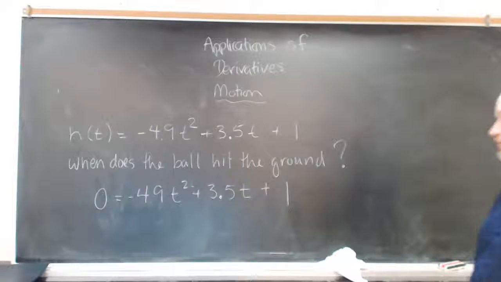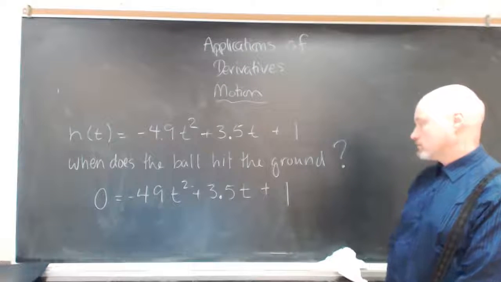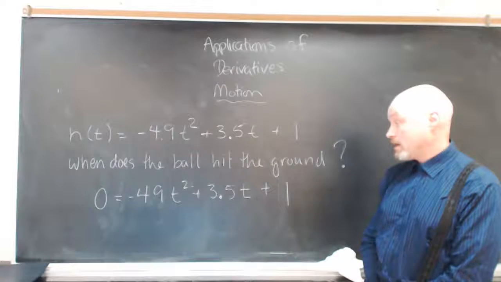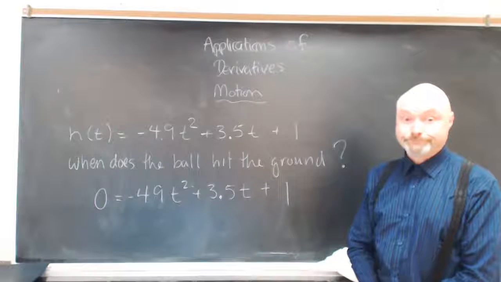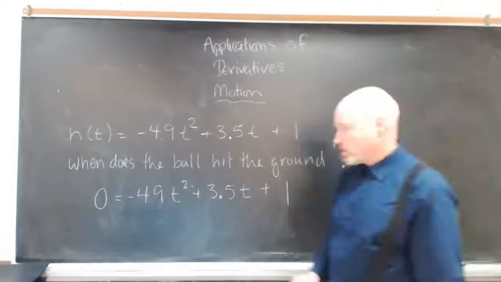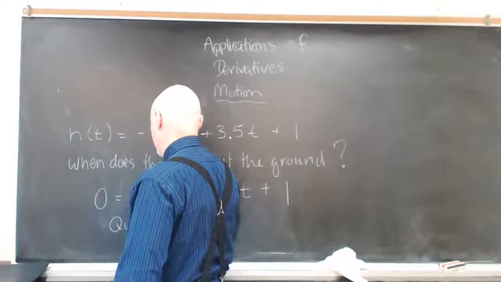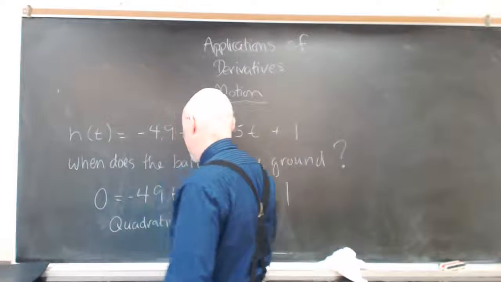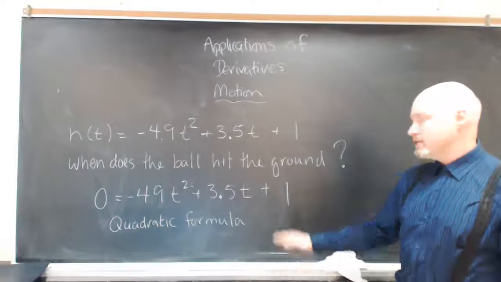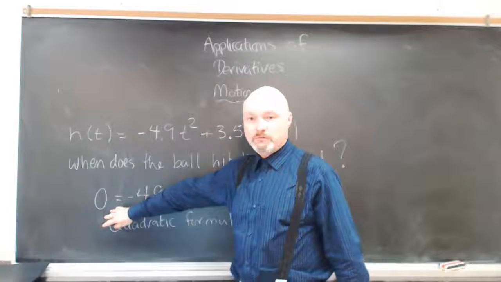Now this particular problem, I don't think we want to go through the mechanics of solving it, but how could you solve that? The quadratic formula. Really, when you've got those quadratics, sometimes you might end up with a number over here.